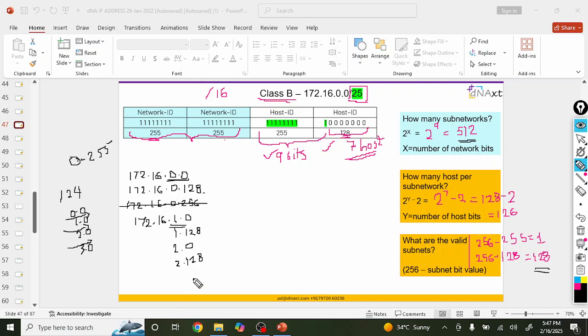So remember that there will be an increment of 128 in the fourth octet, and when the next increment is not possible, in that case there will be an increment in the third octet. It's just like your timer. For example, this is your hour, minutes and seconds.